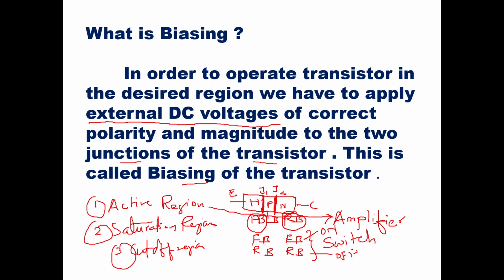Then the signal is amplified; it becomes stronger. So before the transistor can work properly, you have to apply a certain external DC voltage, and that is called biasing of transistor.